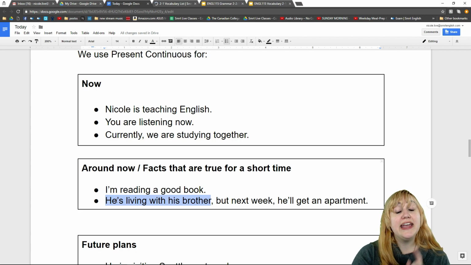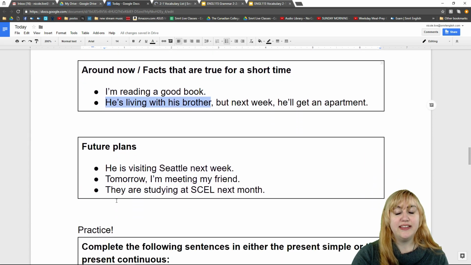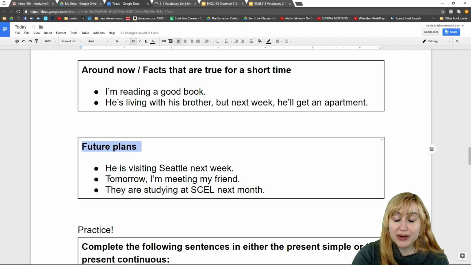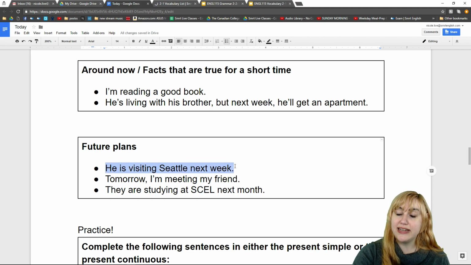All right. And there's one more reason we often use present continuous. The textbook didn't talk about it in this unit, but they will in a later unit. So we use present continuous to talk about future plans. And I have a few examples here. It says he is visiting Seattle next week.